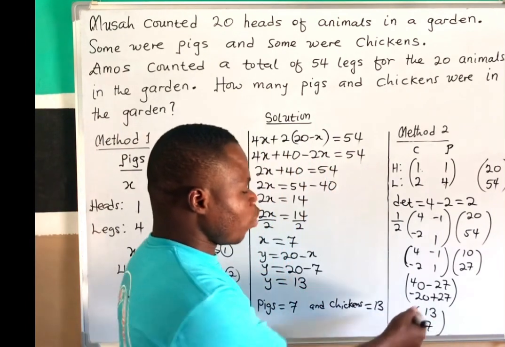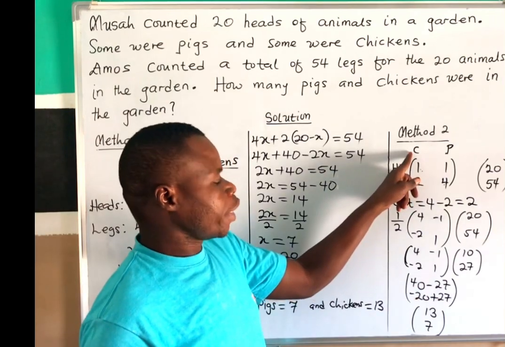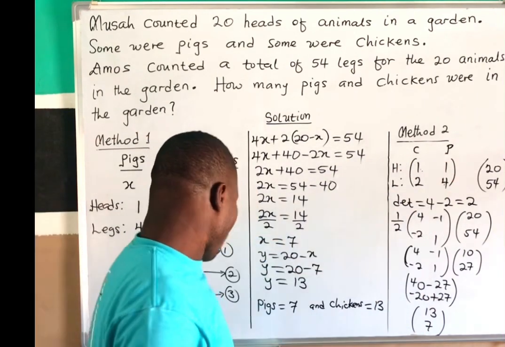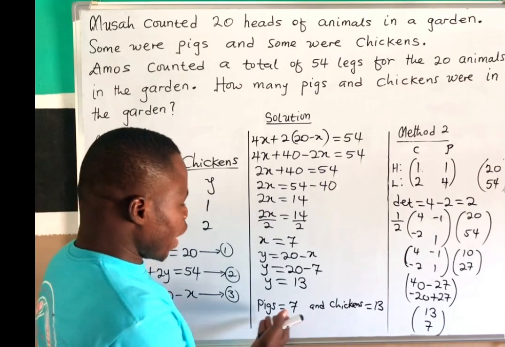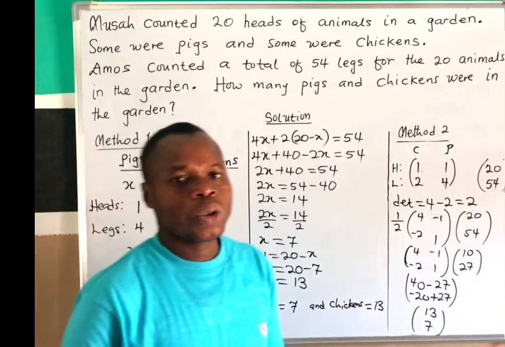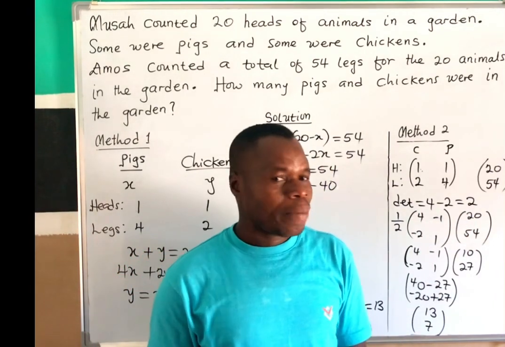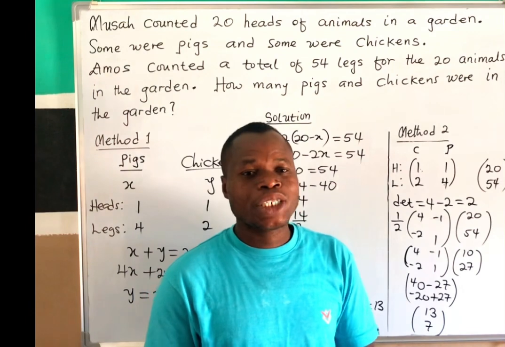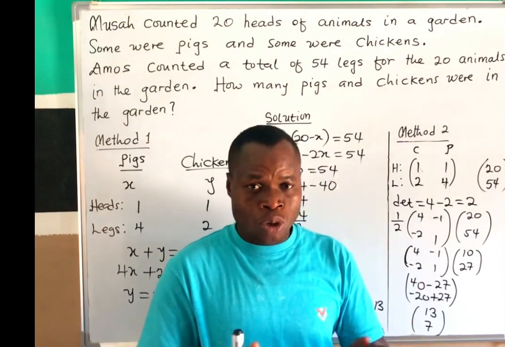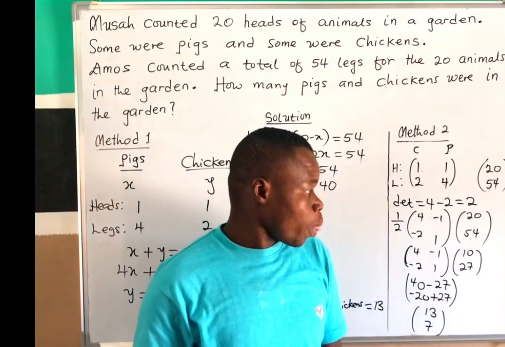So you see that the values we have here are 13 and 7. 13 is for chicken and 7 is for pigs. And you can see it here: pigs is equal to 7 and chickens is equal to 13. This particular method is very, very simple. It's very short. Because I'm explaining, you would think it is too long. When you have to solve this without talking to anybody, 30 seconds is even too much for you.